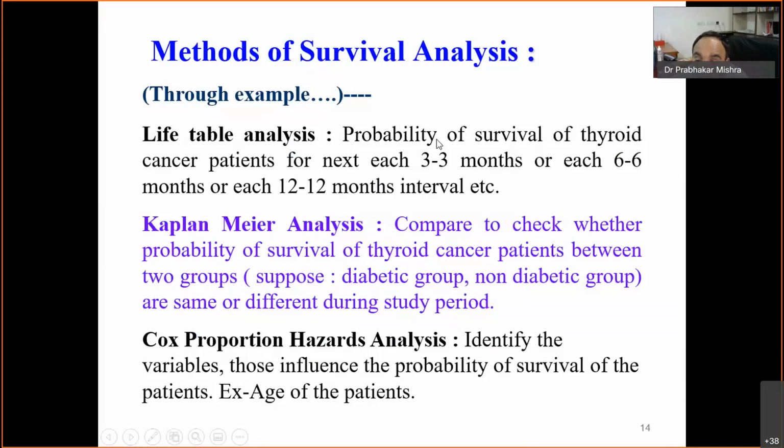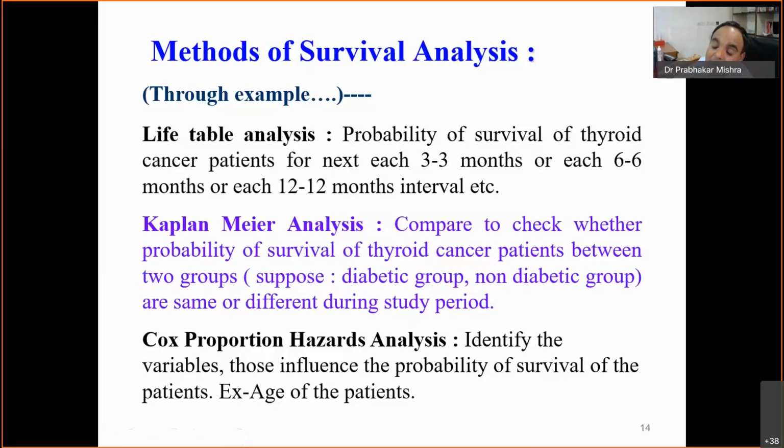In the life table, for a fixed interval we calculate survival probability, but in the Kaplan-Meier method we cannot decide the interval. The software automatically decides the interval. Suppose the first death happened today and the next death is after 3 days, it means a 3-day duration.